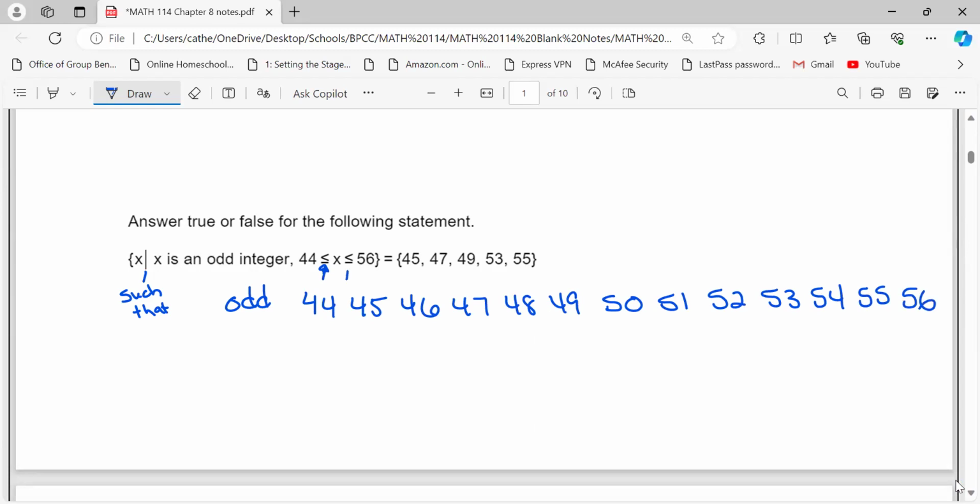And again, because there's a line underneath it, it includes 56. Okay, it's an odd number, so we're only looking at the odd numbers. So 45, 47, 51, 53. All right, so are all those numbers in there? 45, 47, 49, 53, 55. We're missing 51, so no, it's not true.